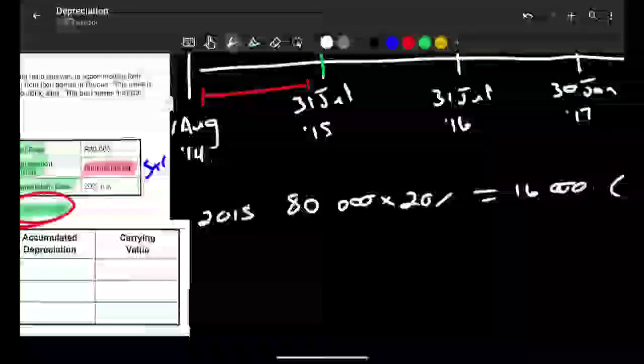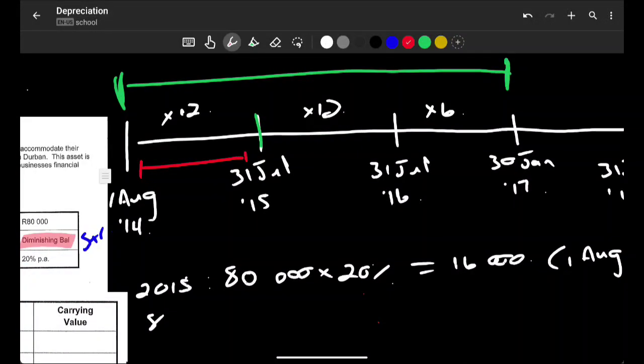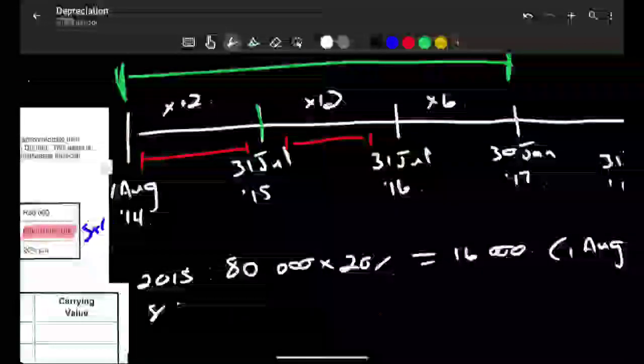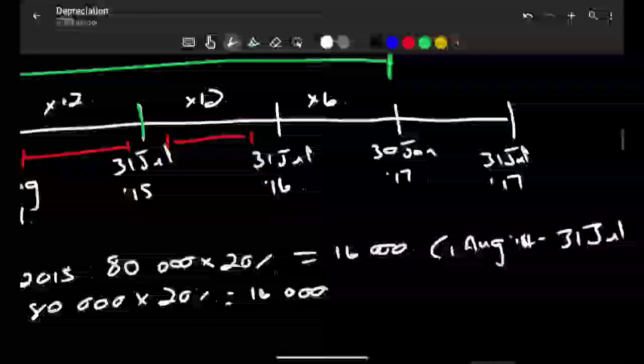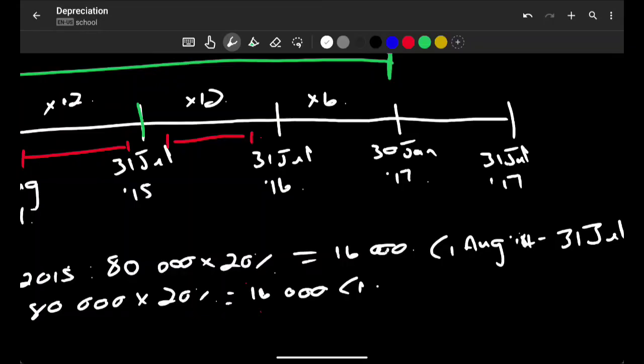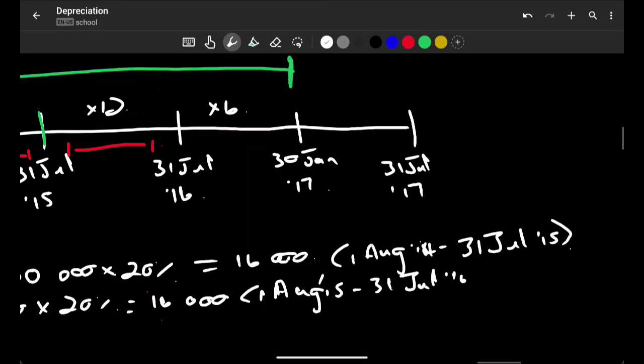And then the next year, just gonna remove that first part, the next year was for 12 months once again, right? Always note how long it is for. 12 months, so I'm just gonna say 80,000 multiplied by 20% equals 16,000 once again, and that is for the period from 1 August 2015 to 31st July 2016, right?